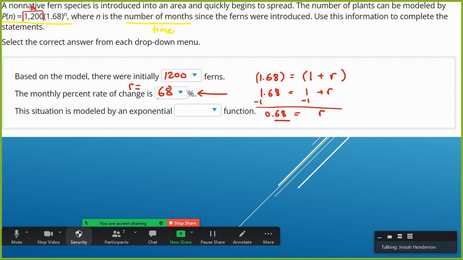And then lastly, they want to know, is this growth or decay? Well, the rate is 68%. But looking at the whole value, how it started in the parentheses, it was 1.68. So that means it's growth.